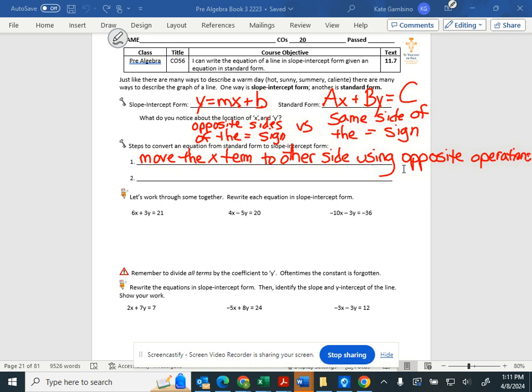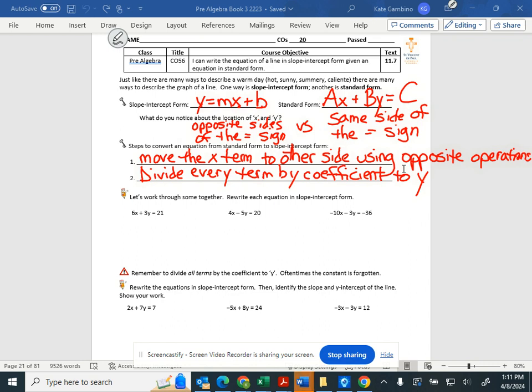Number two, our second thing is then we divide every term by the coefficient of y. Why would we divide by that y's coefficient, that number in front of the y?